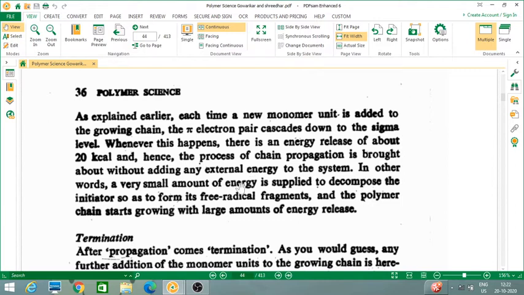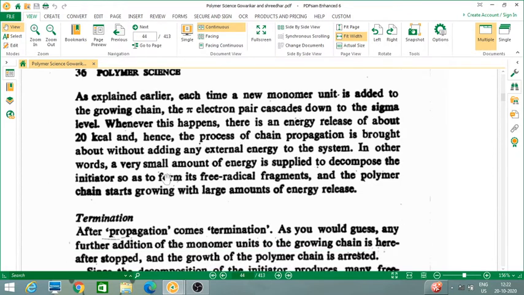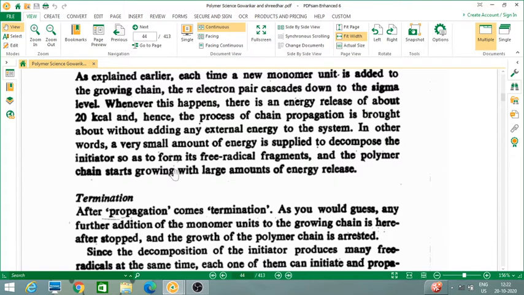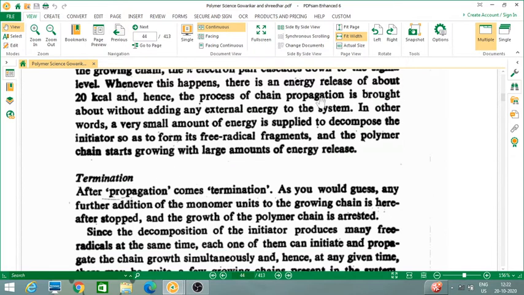In other words, a very small amount of energy is supplied to decompose the initiator so as to form its free radical fragments, and the polymer chain starts growing with large amounts of energy release. So why is no external energy provided during propagation? Because it is an exothermic reaction, there is energy release, because of which it just goes on.